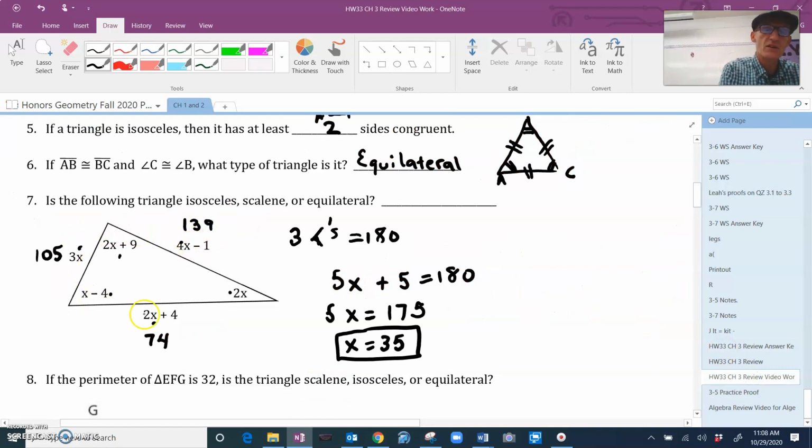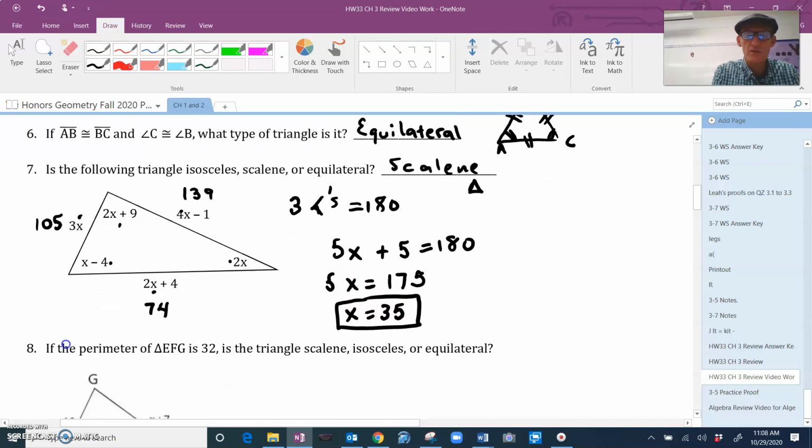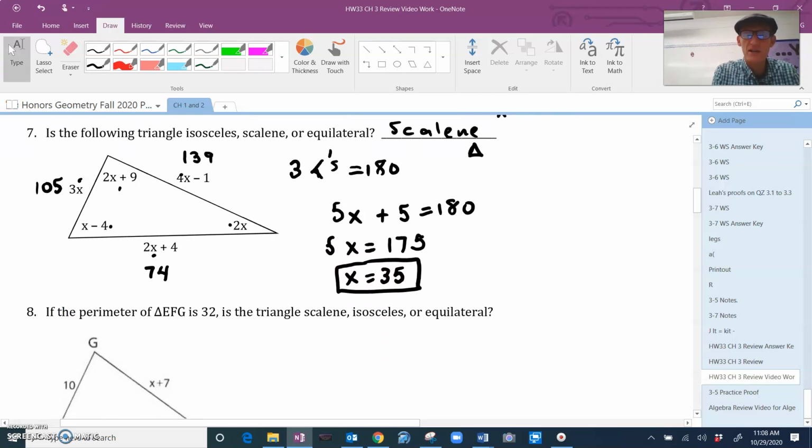Since all three sides are different, then it's a scalene triangle. So we get x equals 35, which I don't know why I was thinking 17, but x is 35, and substituting it back in for x tells us that all three sides are different, and that is a scalene triangle.